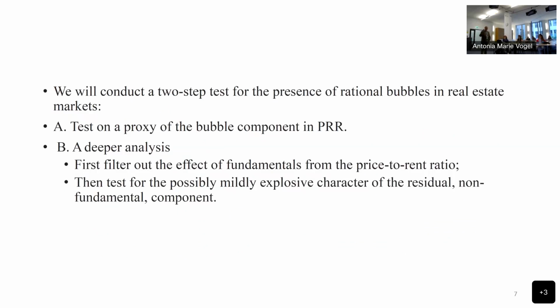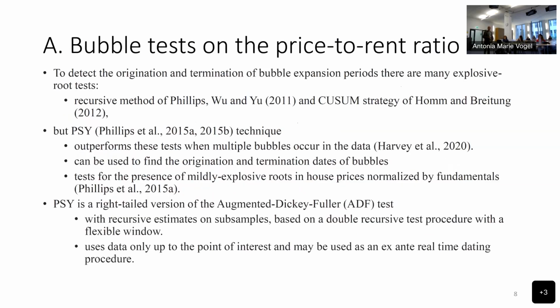And then, of course, we start digging deeper, try to detect the right fundamentals and the ones which are significant. After that, we take the residual, which we consider to be the non-fundamental component, and we test whether this residual itself is mildly explosive.